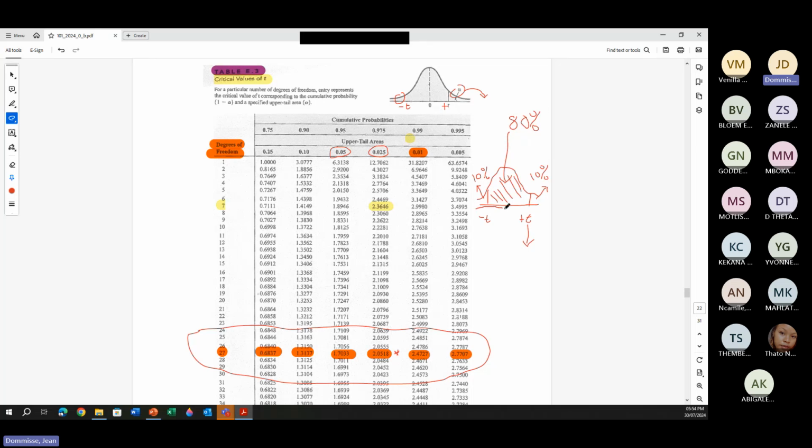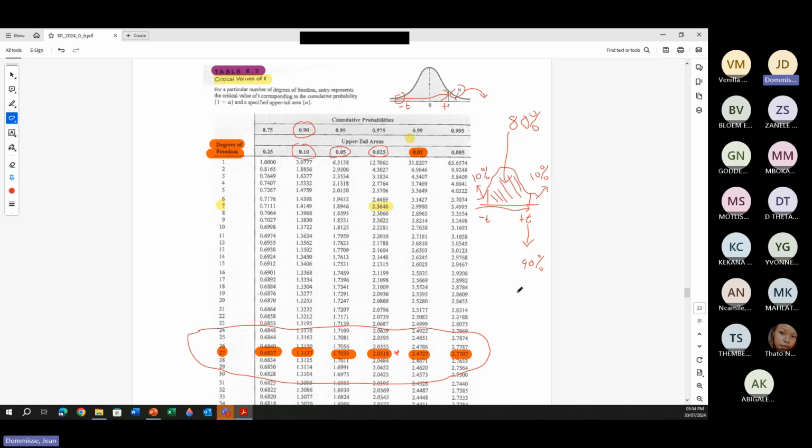I need to see that whole area, and that whole area is 90%. So I will need to work with a cumulative of 90%, or then your upper of 10%.